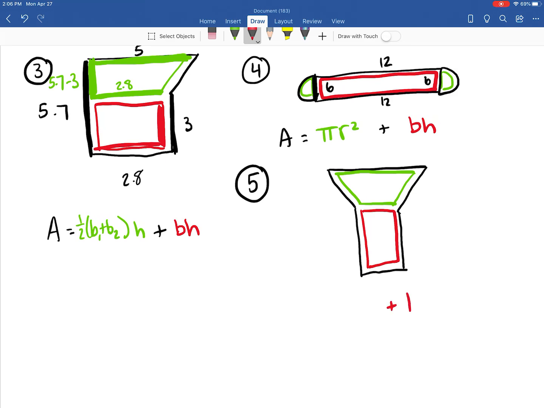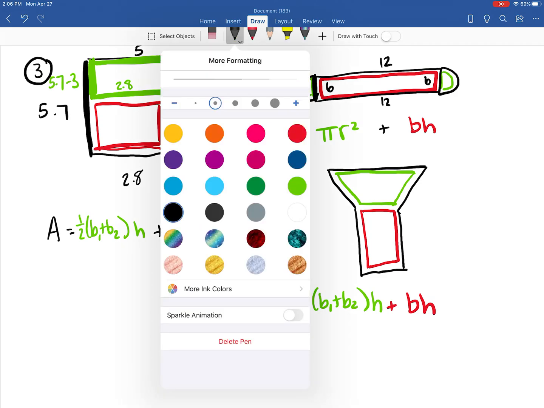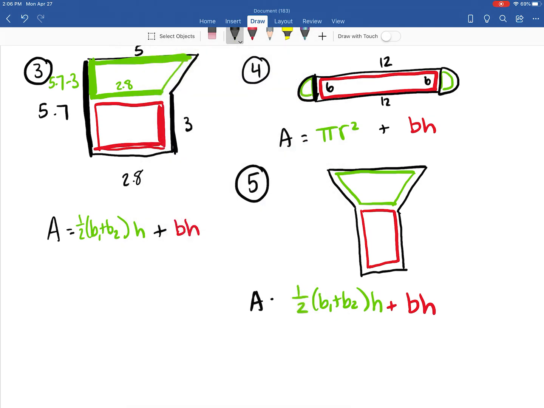The area formula for a parallelogram is the base times the height. Trapezoid is 1/2 base 1 plus base 2 times the height. Again, I'm getting all of these from the first page of your notes. You do not have to memorize them. You just have to know what each of them stands for. So B1 and B2 would be base 1 and base 2 of a trapezoid. H would be height, and so on.